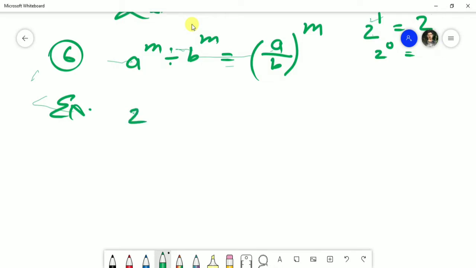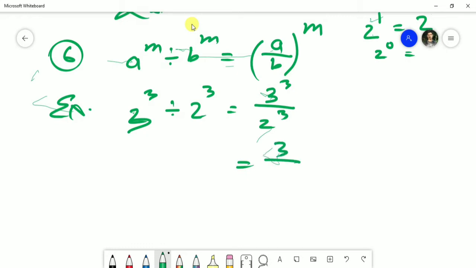Let us take 3 power 3 by 2 power 3. You can take whatever you want. So we can see the powers are the same, so we can take the power common and write it outside.